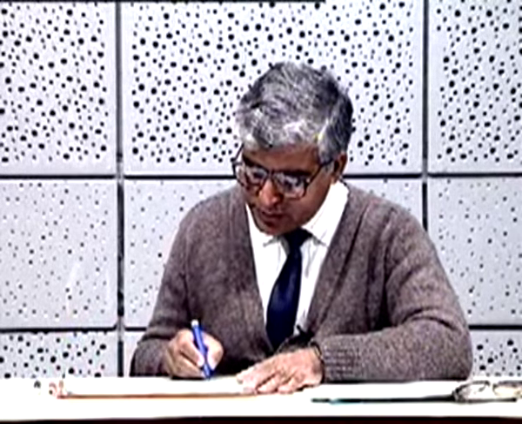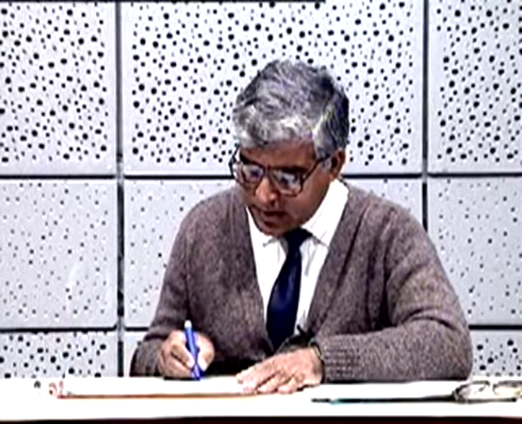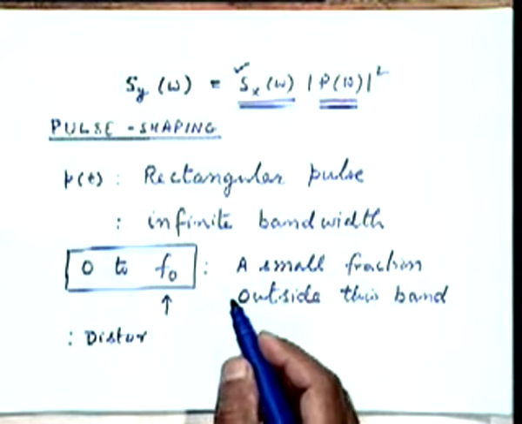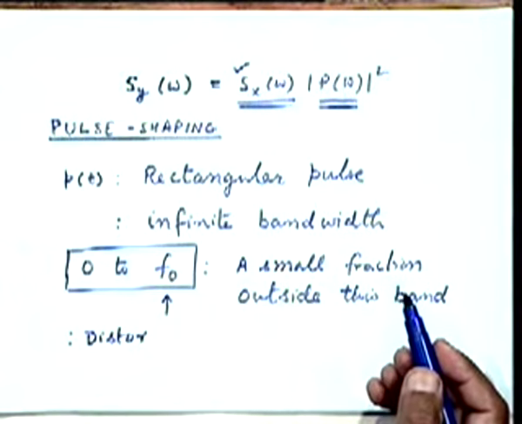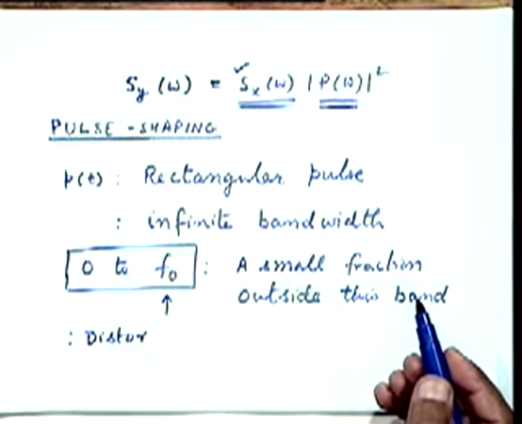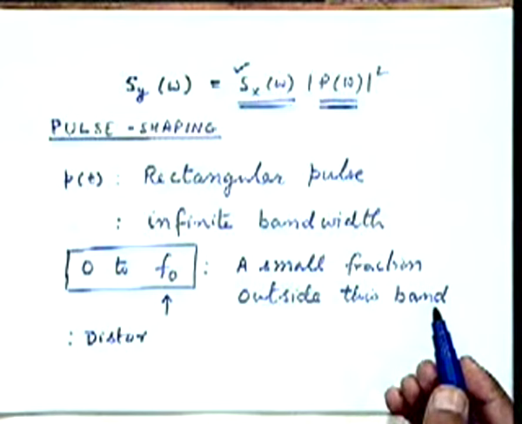So although the distortion may be small, what is the resulting distortion in? In the pulse shape. You're transmitting a rectangular pulse which has this bandwidth. You're not allowing all its bandwidth to be passed. That means it no longer remains a rectangular pulse. It changes into some other pulse shape, that is, it is distorted.